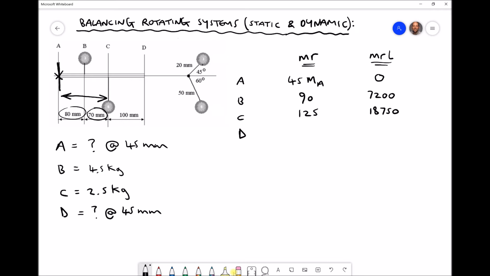And finally we have mass D. Mass D has an unknown magnitude, but we know it's being placed on a radius of 45. So for the same reasons as for mass A, we're going to get 45 MD.